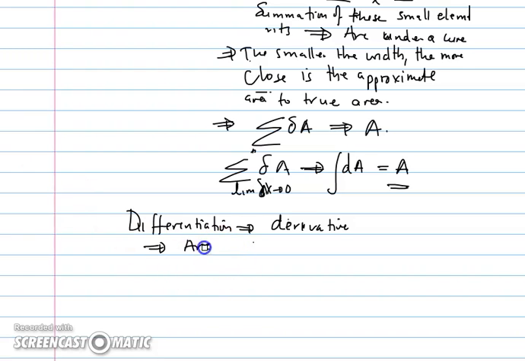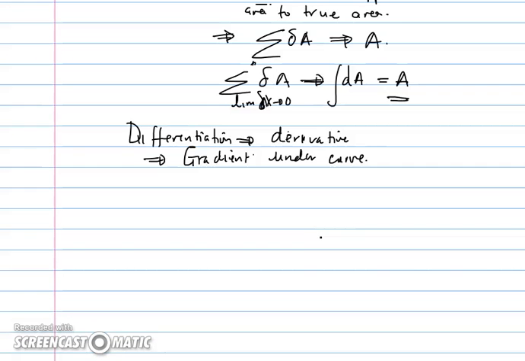It is actually obtained from the gradient under a curve. Now, what is that? To find the gradient under a curve means you determine the slope of the curve.